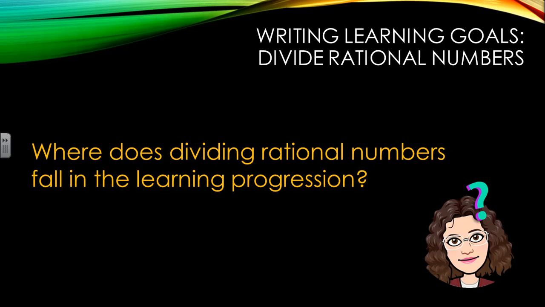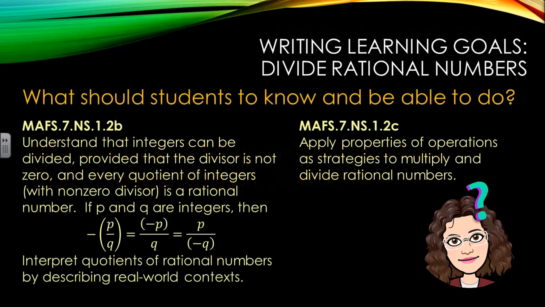So we've looked at the standard, we've talked about the learning progression, so this is information that will help us in writing the goals. So the next thing I need to look at is what is it that my students should know and be able to do. We're talking about division of rational numbers, and we're looking at the standards. So there's a couple of things that stand out here with these standards.